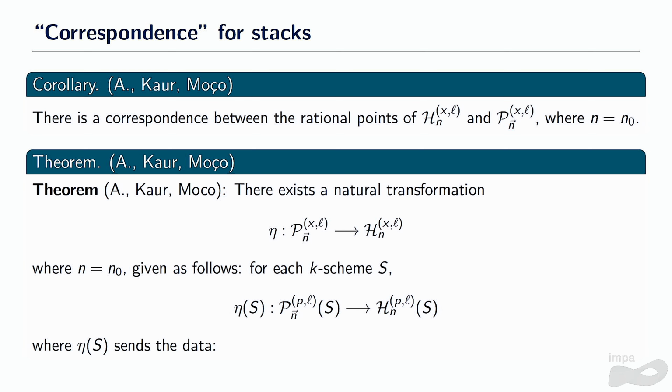For each K-scheme S, we're going to have eta S from the groupoid of the parabolic stack associated to S to the groupoid of the Hecke stack associated to S, which works in the following way.